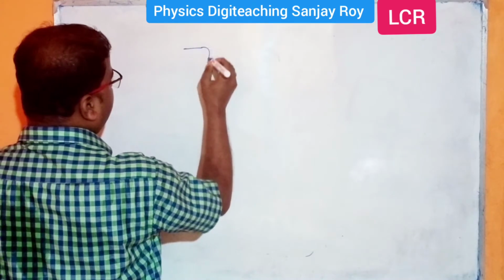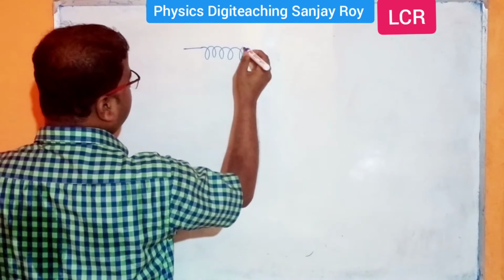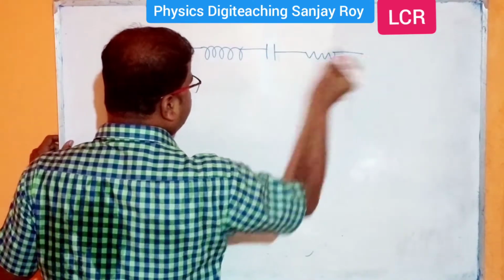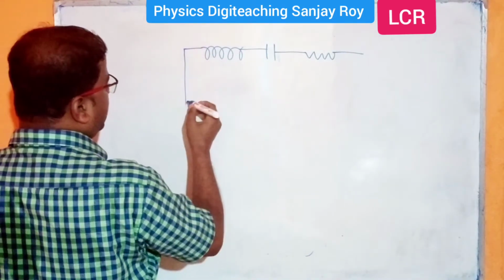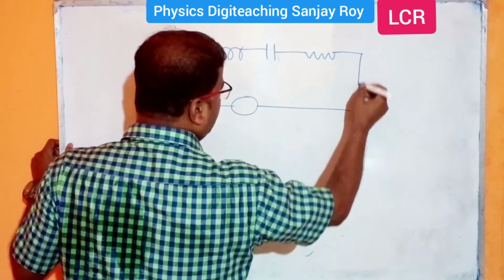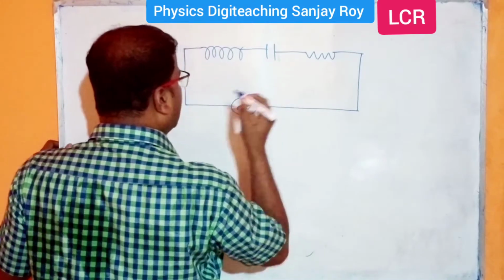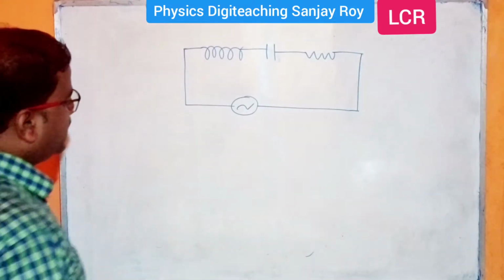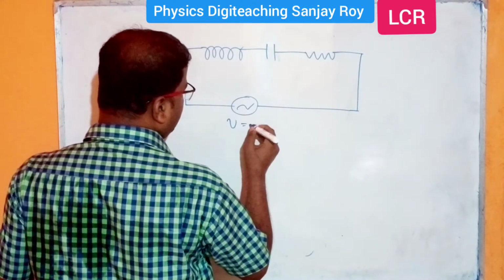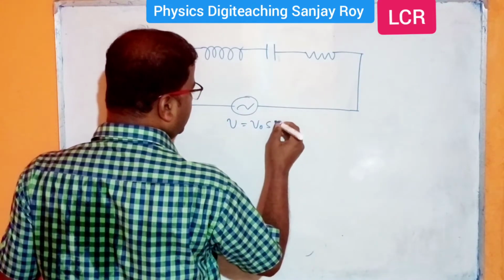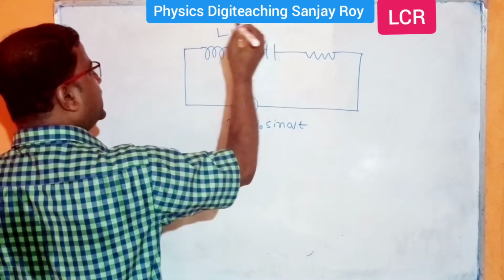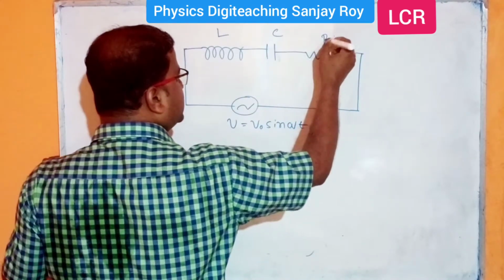Here the inductor, capacitor and resistance are connected in series, and alternating voltage is applied, V equal to V0 sin omega t. This is L, this is C, and this is R.